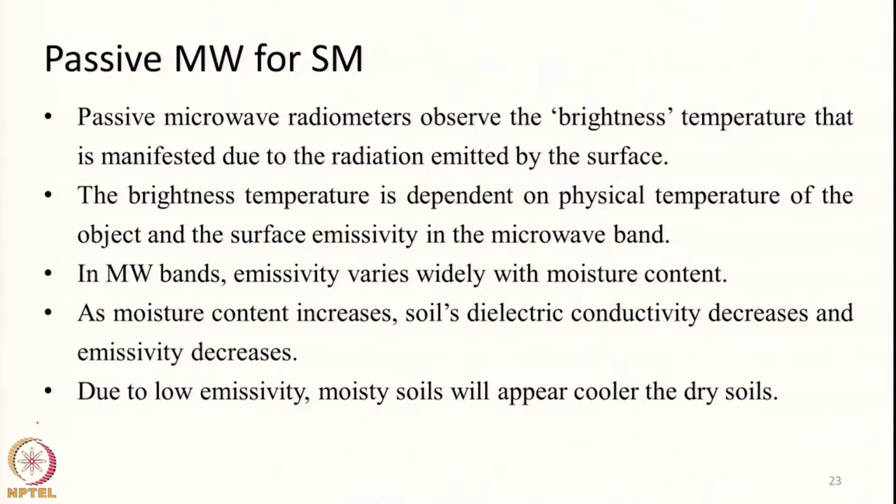For dry soils, in microwave wavelengths emissivity will be higher. When the soil gets wet, the emissivity goes down, due to which the brightness temperature of wet soils will be lower than that of dry soils. Observing this difference is helpful in retrieval of soil moisture from passive microwave radiometry.